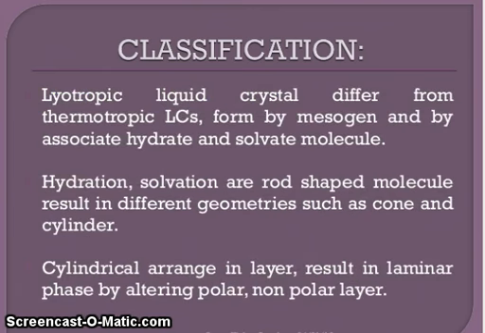Lyotropic liquid crystals differ from thermotropic liquid crystals, being formed by mesogens and by associated hydrate and solvate molecules. Hydrated, solvated rod-shaped molecules result in different geometries such as cone and cylinder. Cylindrical arrangement in layers results in a lamellar phase by alternating polar and nonpolar layers.